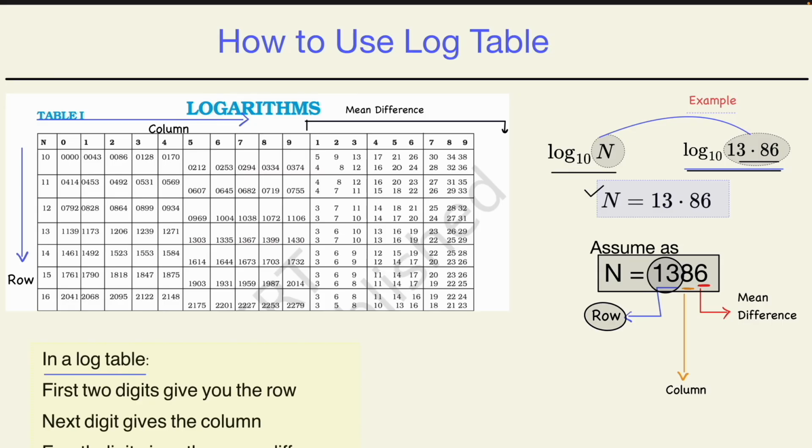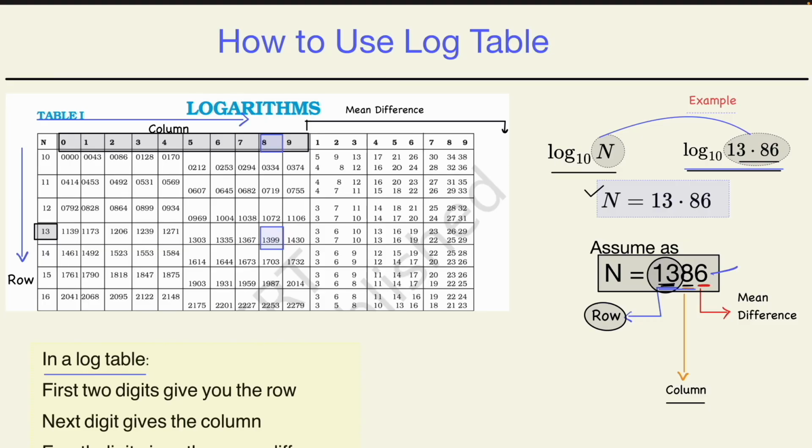It means that if this is 13, we have to go to row 13. Now, after that 8 is present. This 8 gives information about the column. In the column, we know that it is from 0 to 9. So we have to reach the 8th column. So here is the 8th column. Now this 13 and 8th column match at this number. So 1399 we got from these three digits.